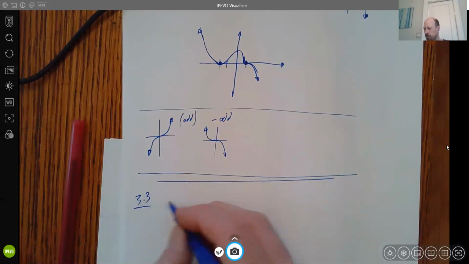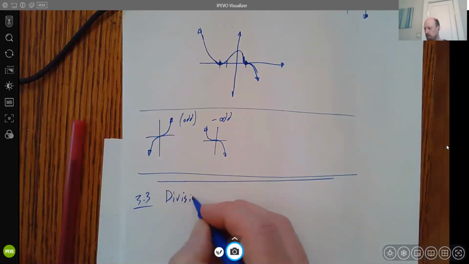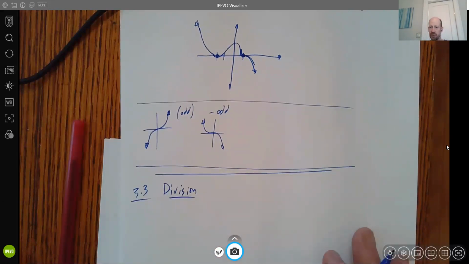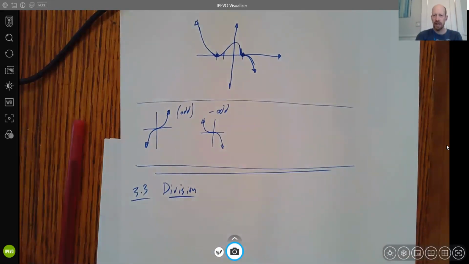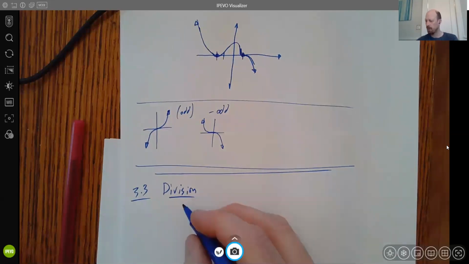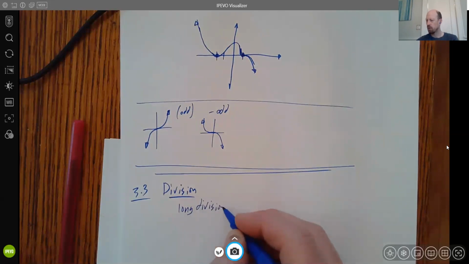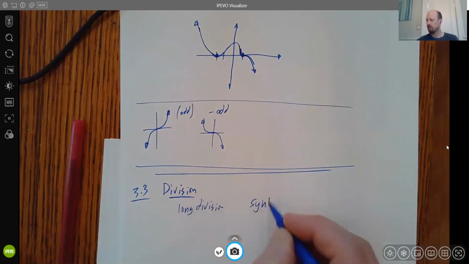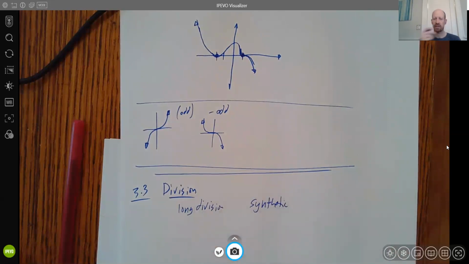So 3.3 is working on division, and I don't want to spend a whole lot of time here while we're all together. There's two types, long division and synthetic division. They're both useful and important.